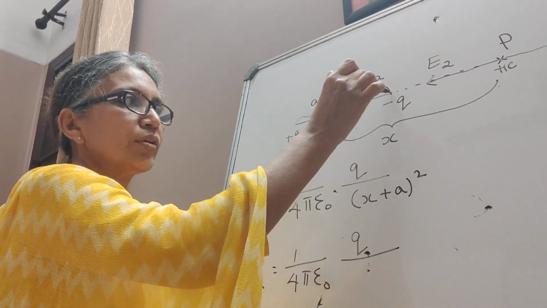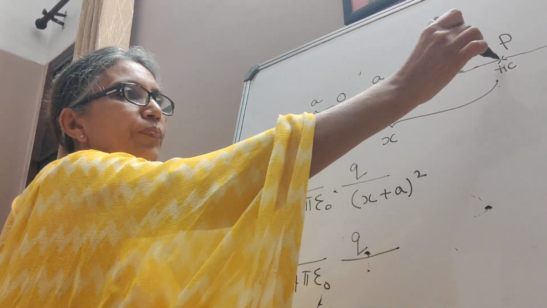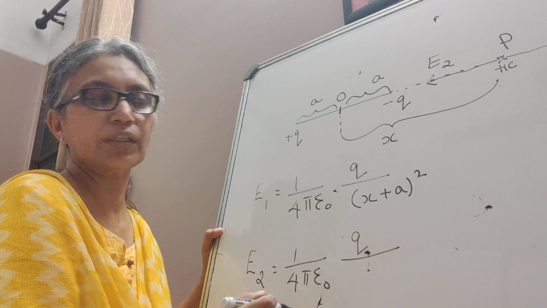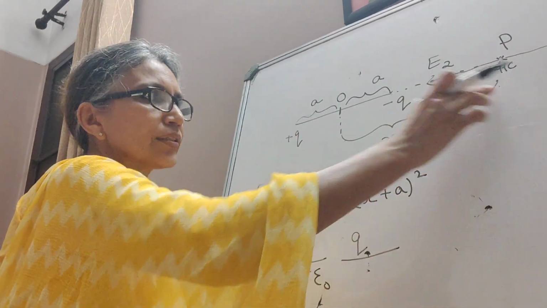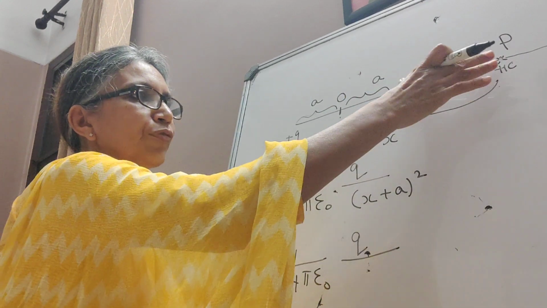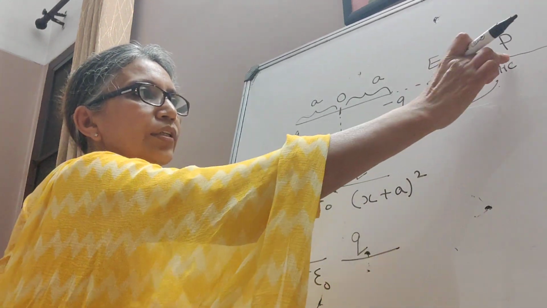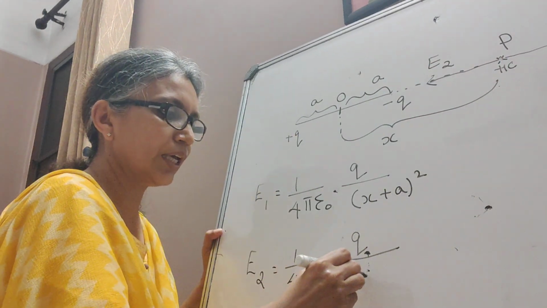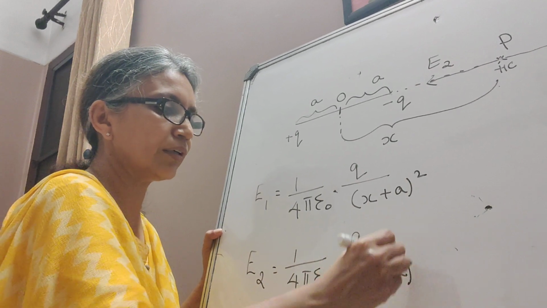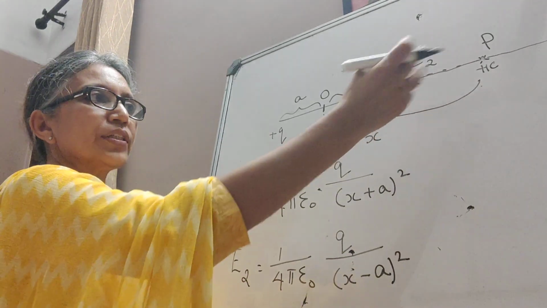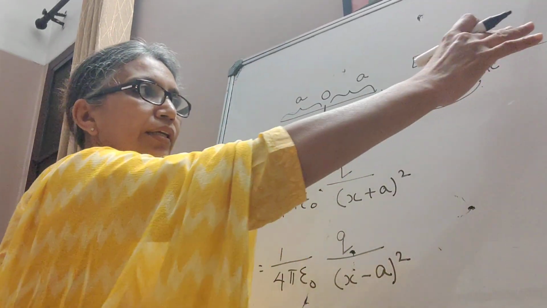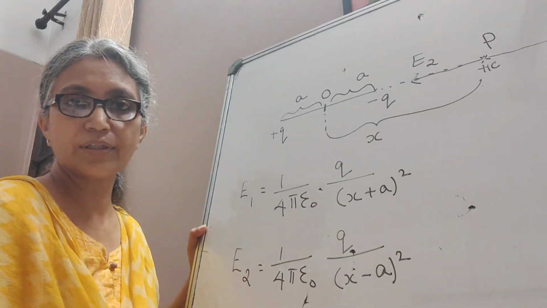So my source charge now is here, the plus 1 has been kept at point P. So this total thing is x, this is A. So from minus q till that point P, it's going to be x minus A the whole square.